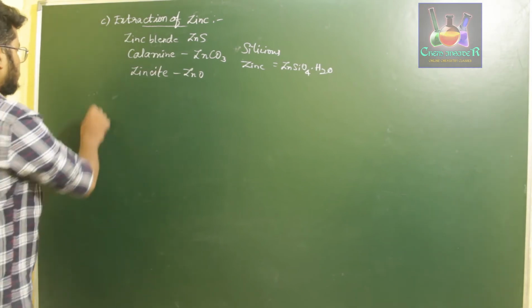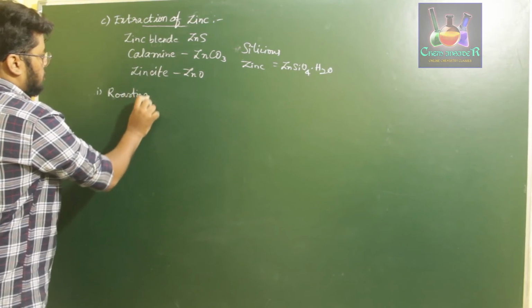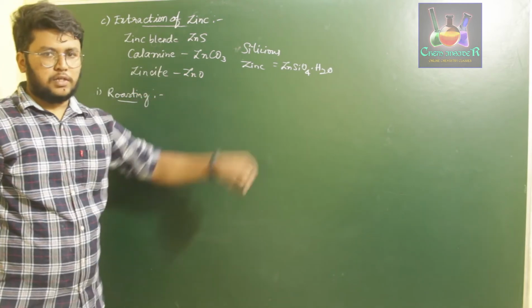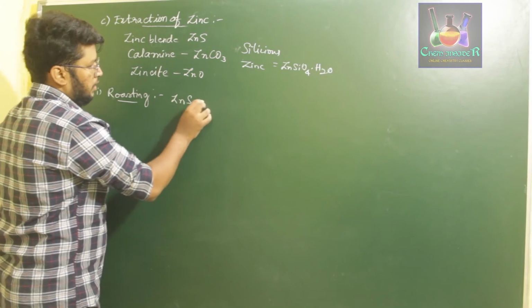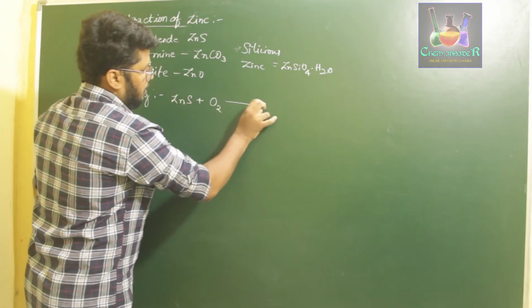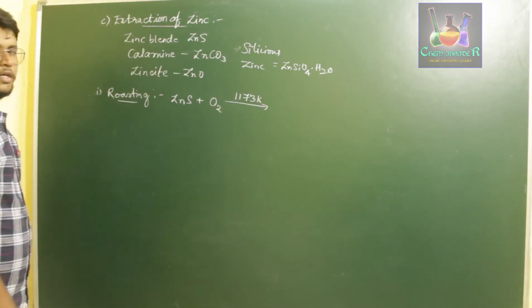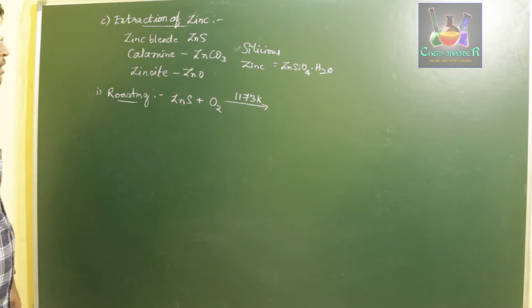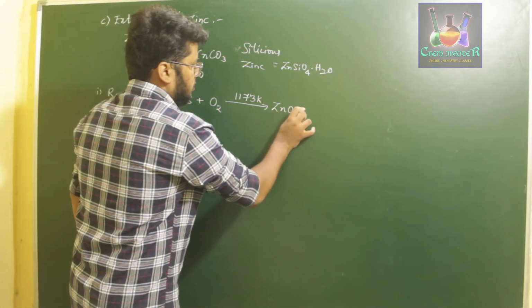So these ores are roasted because they contain zinc sulfide. On roasting with oxygen in a blast of air at a temperature of 1173 Kelvin, we get zinc oxide and sulfur dioxide.